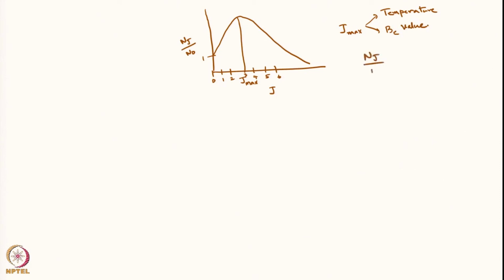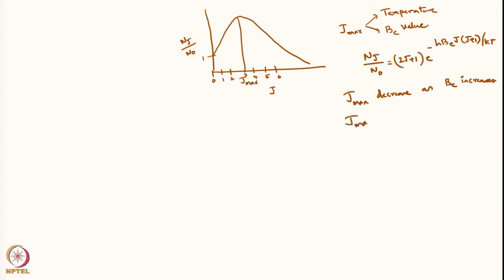N_J by N_0 is given by 2J plus 1 into e to the power of minus hB_e J(J plus 1) by kT. Now you see this is e to the power of minus B_e. So as B_e increases, this decreases, and so J max decreases as B_e increases.